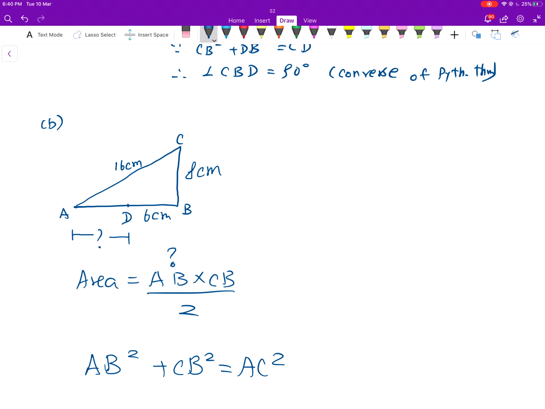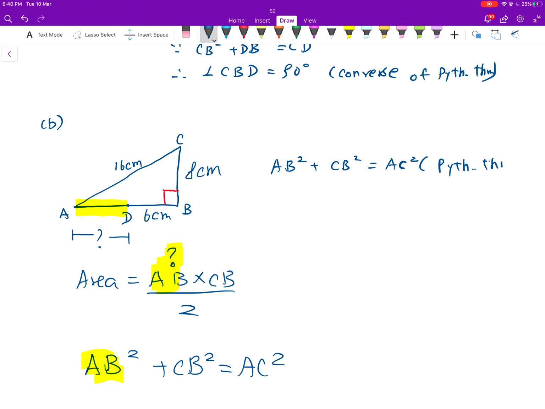But the problem is we don't know the value of AB, because we don't know the value of AD. So we need to find the length of AB first. Because angle ABC is 90 degrees, we can apply Pythagoras theorem: AB squared plus CB squared equals AC squared.